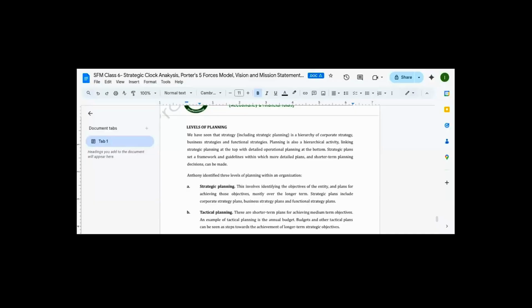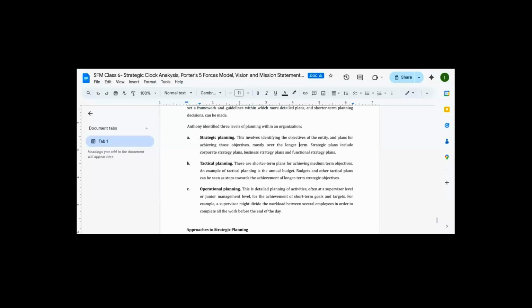Please know, strategic planning involves identifying the objective of the entity and planning for those objectives, mostly over a longer time. Anything strategic planning is long-time planning, from 5 years and above.